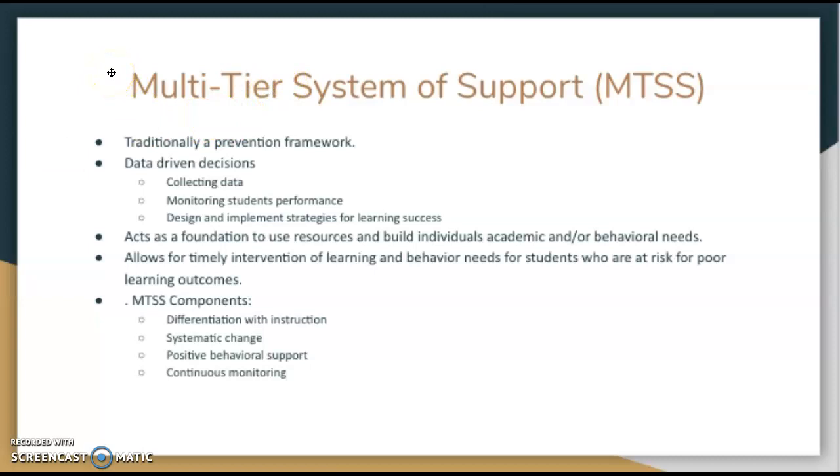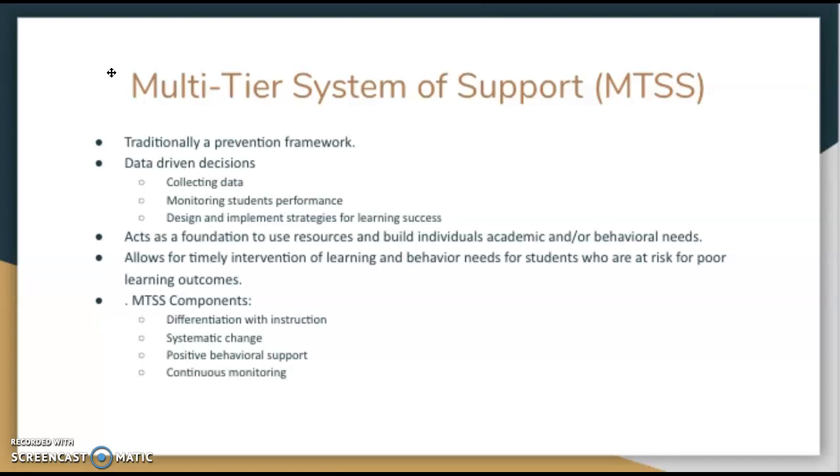So the multi-tier system of support, it traditionally is a prevention framework. It's completely data-driven. So this means that it is vital to collect data on individual students, monitor the students' performance, and then once you have those in place, it's easier to design and implement strategies for learning success.